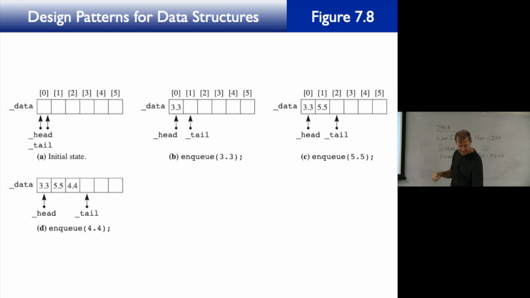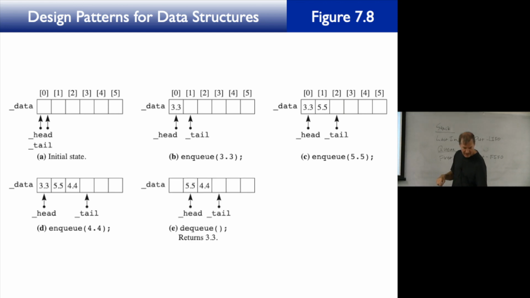Are you with me? So now what happens if you DQ? When you DQ, you return what _head points to. _head points to the head of the queue, the element that's in there. So that's the one you have to return, right? And then you increase head by 1. And now here on this figure, I didn't do it, but the 3.3 is still there.